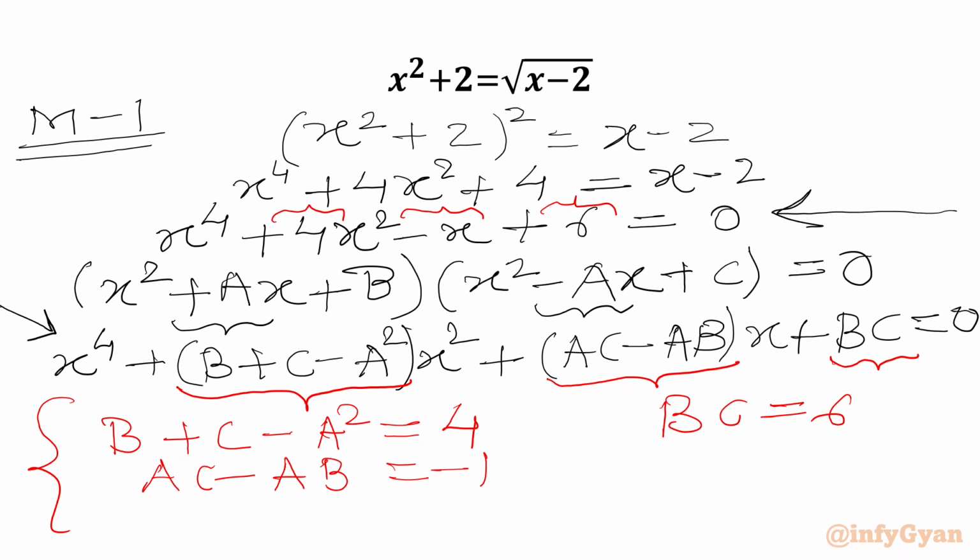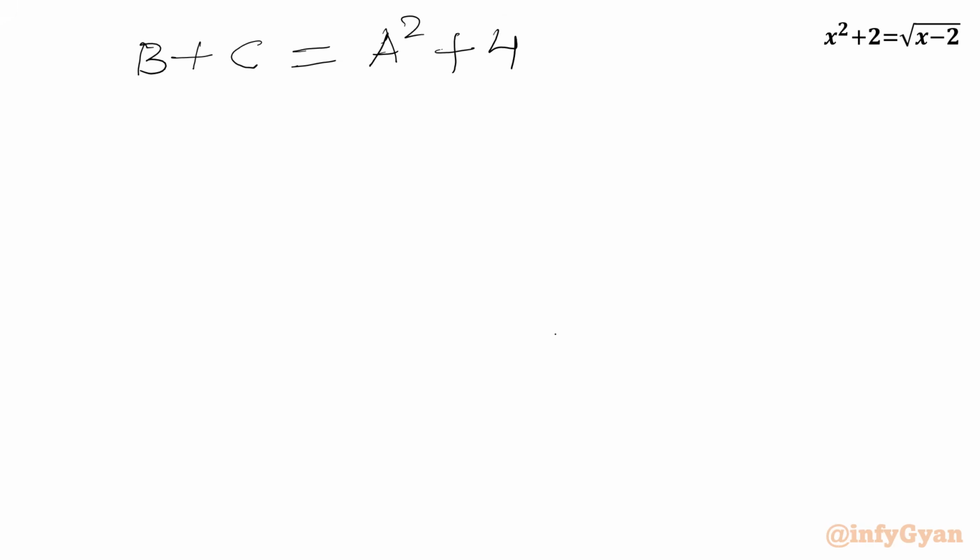We have three equations. So let's begin with the first two equations. I will take minus a square to the right hand side and I will divide the second equation by a on both sides. So we can write b plus c equal to a square plus 4 from our first equation. And if we divide our second equation by a on both sides, we can easily write c minus b will be equal to minus 1 over a.